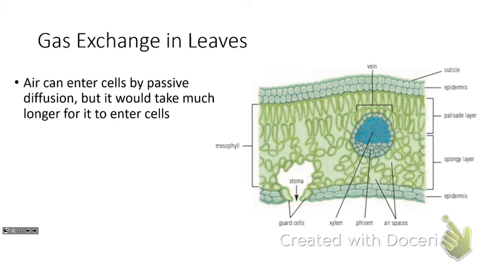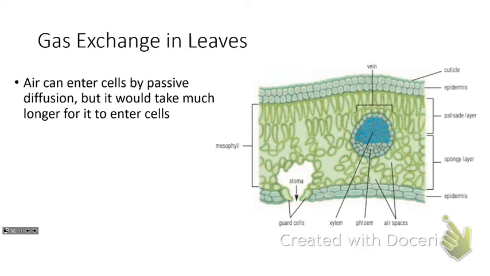Okay. If we didn't have these stoma or stomata, air could still enter into the leaf by passive diffusion, but it would take a lot longer for that to happen, right? Remember we talked about diffusion and passive transport, right? And how things can diffuse across the cell membrane, but it would take a really long time, or it would take longer than it does when it is transported through protein channels, right?